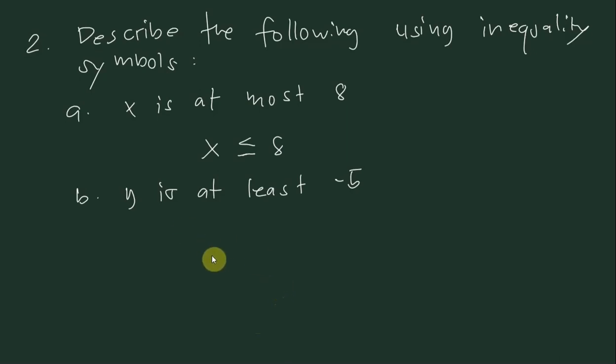Since negative 5 is the smallest, it is greater than or equal to negative 5. It includes all the values from negative 5 up to positive infinity, all the values that are larger than negative 5. So that's it for this video. We will continue in the next section for intervals.